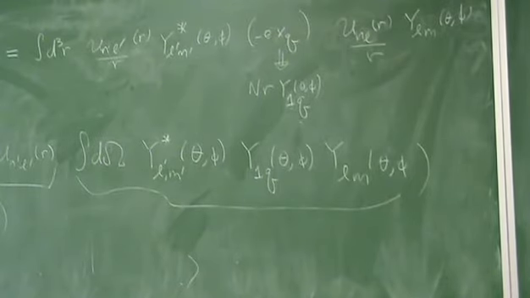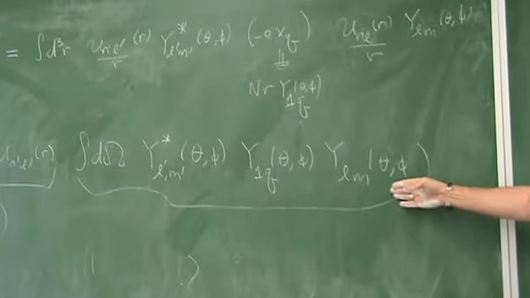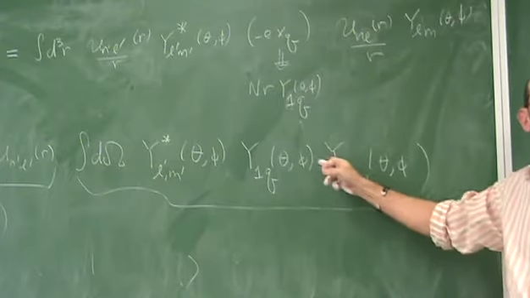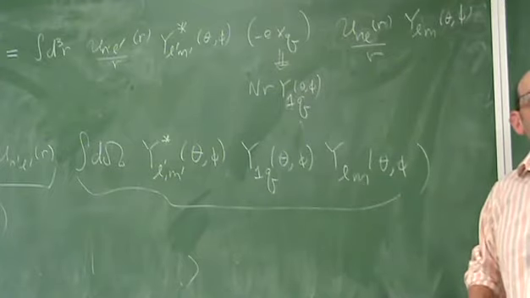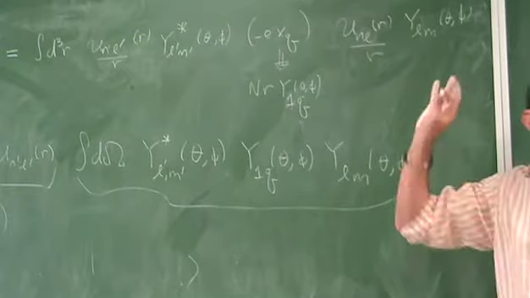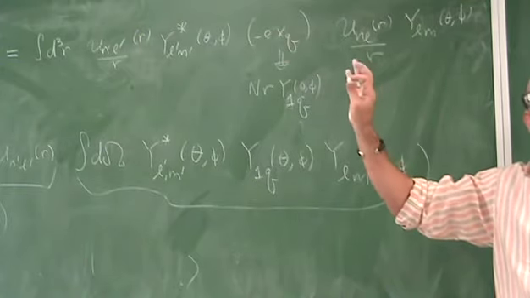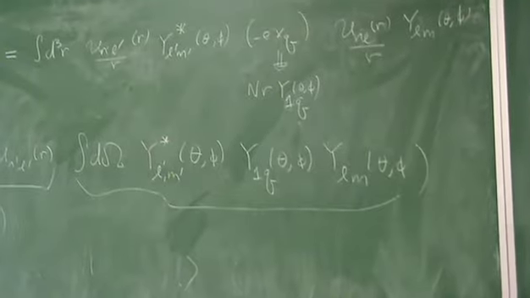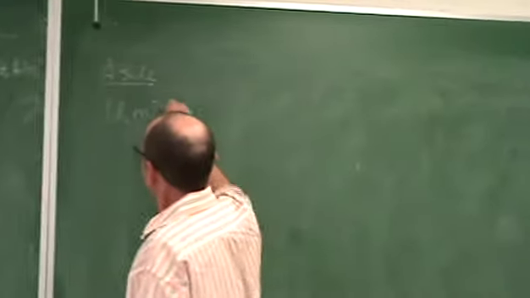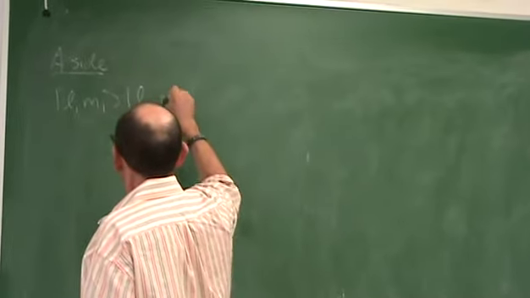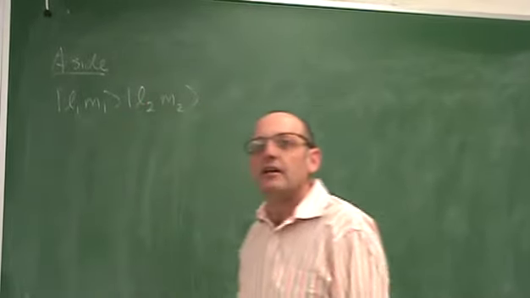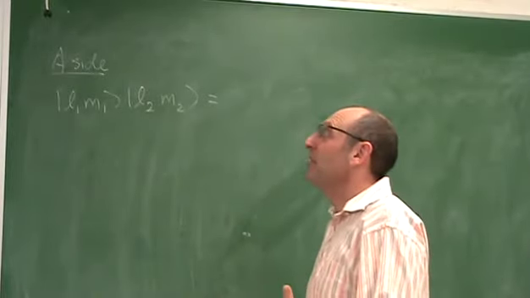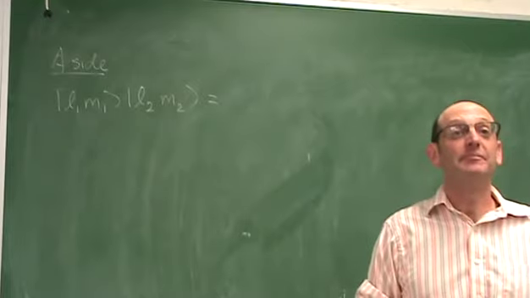Because we know something about this kind of thing. This is the product of two YLMs. That's like the product representation of two angular momenta. So, aside. If I look at two kets, we know that these two kets together make up total angular momentum.